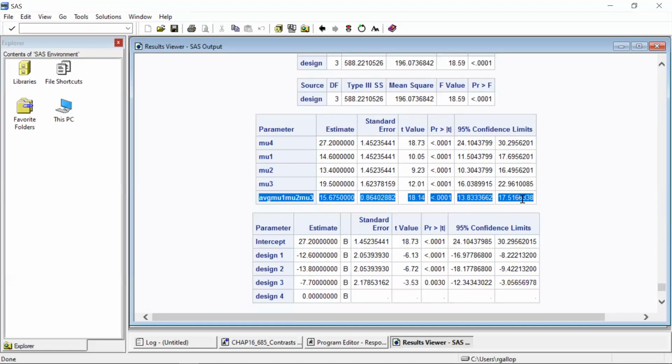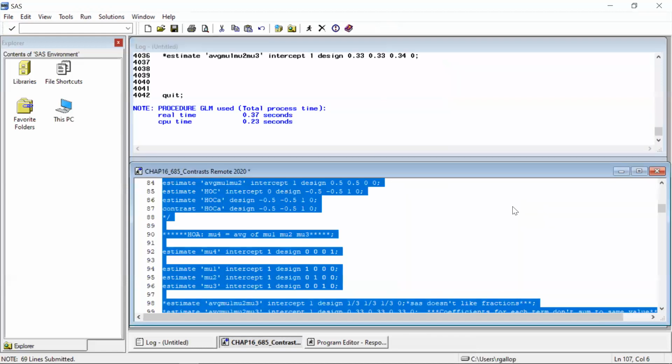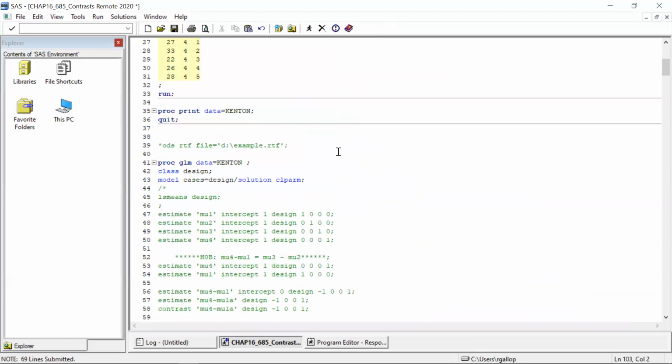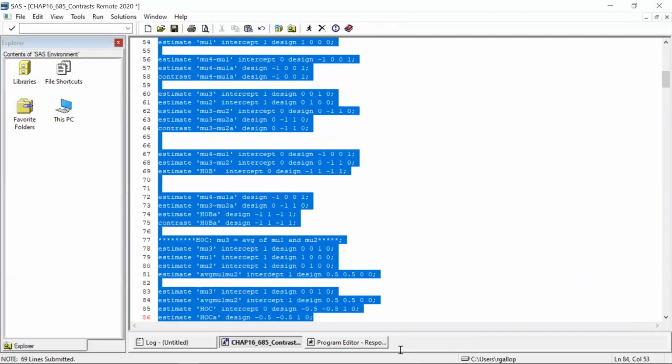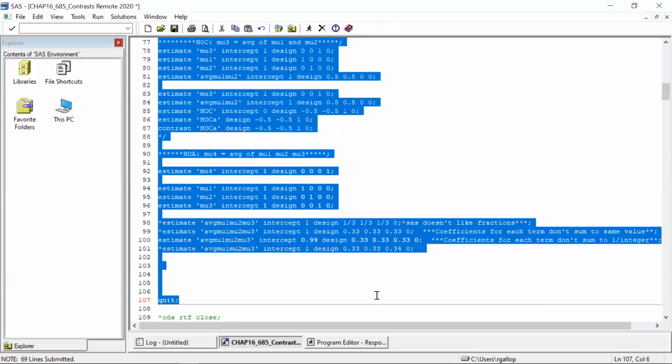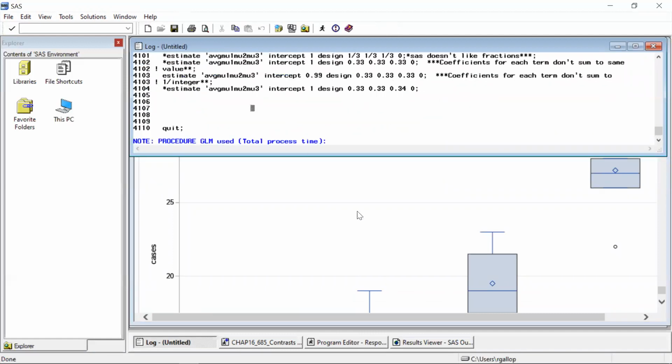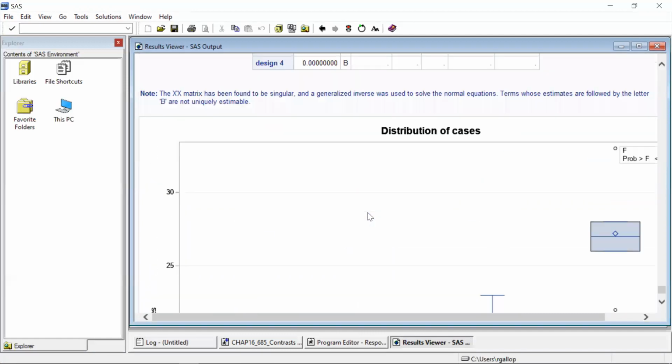The first one that you guys see here, that estimate statement, SAS ran line 100. Let me run it again. So when I run it again, you guys notice the log, everything ran fine, right?